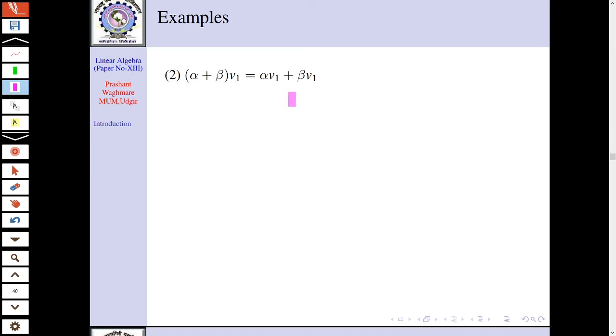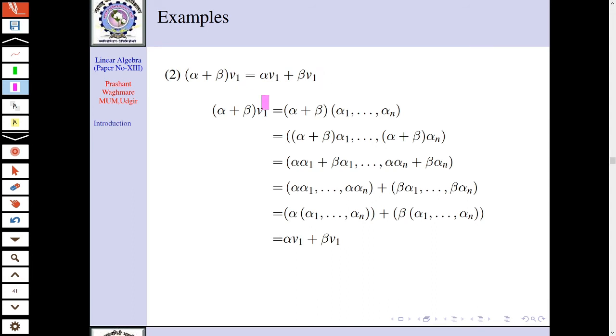Now what is the second axiom here? Alpha plus beta into v1 is the same as alpha v1 plus beta v1. So consider v1 as (alpha 1, alpha 2, and so on, alpha n), and alpha and beta are scalars. Now as alpha plus beta is an element of the field, I can multiply this element of the field with an element of the vector space as defined above: (alpha plus beta) into alpha 1 is the first coordinate, and so on, (alpha plus beta) into alpha n.